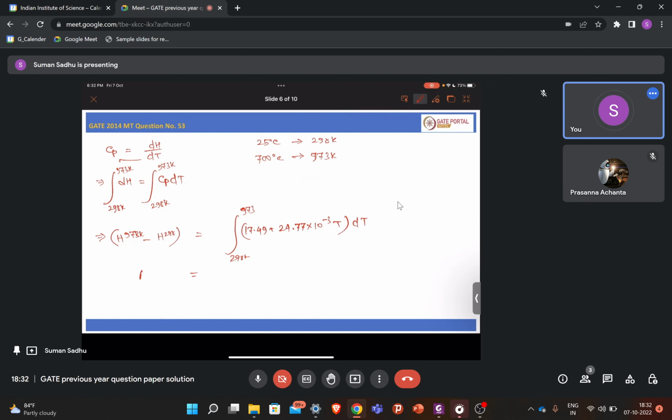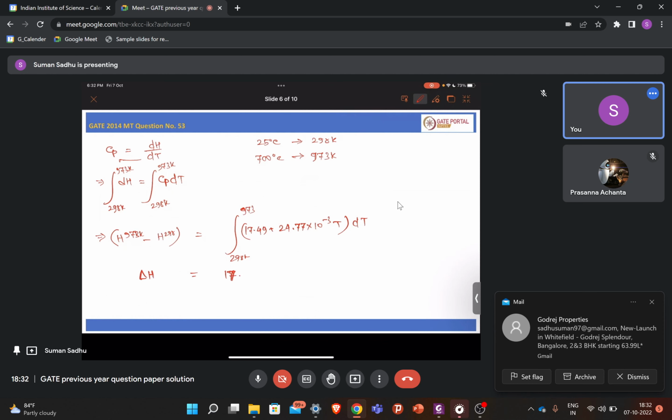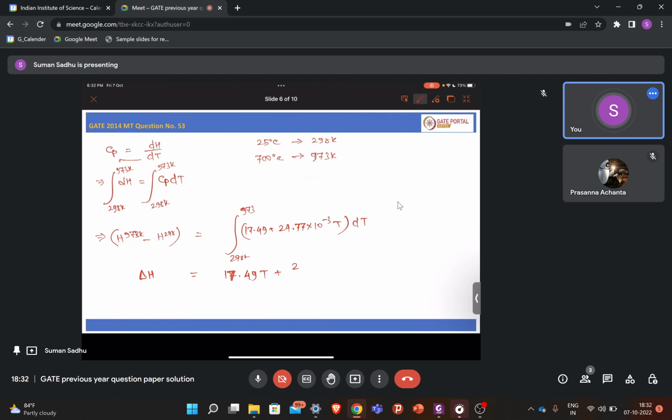So this will be delta H: 17.49 T plus 24.77 into 10 to the power minus 3 into T square by 2, from 298 Kelvin to 973 Kelvin. Can you calculate this one and let me know the answer?